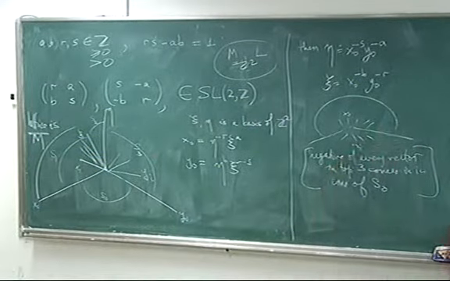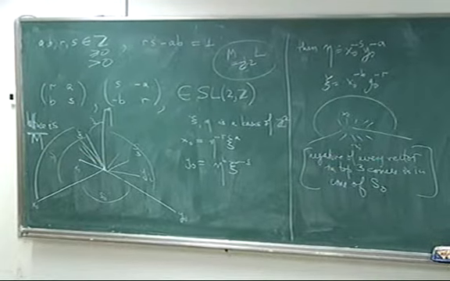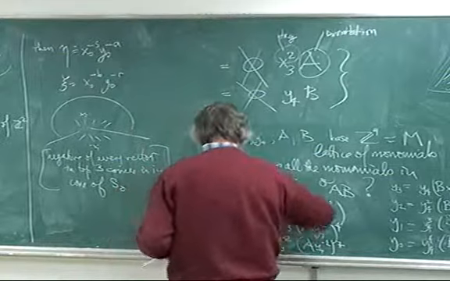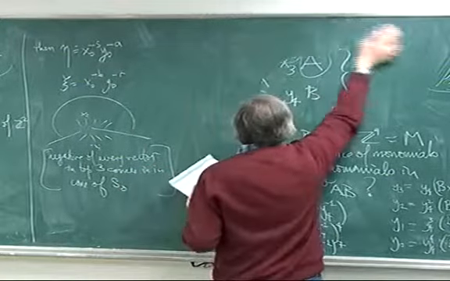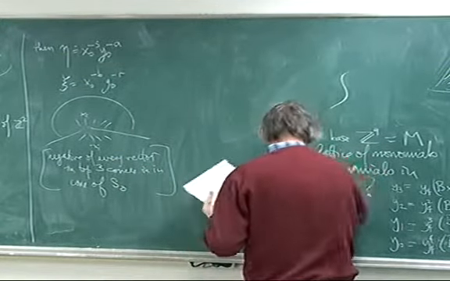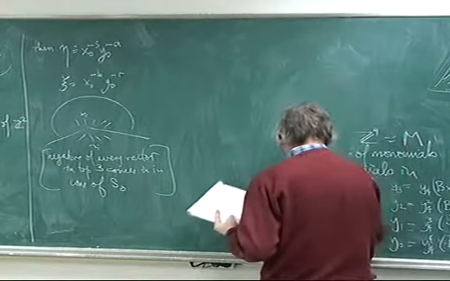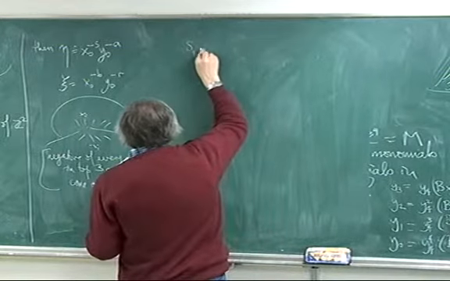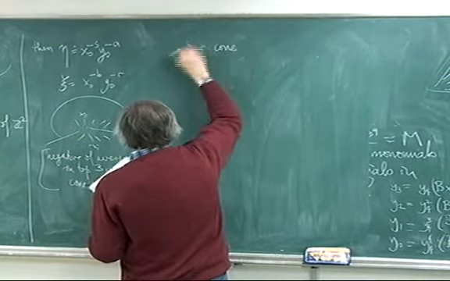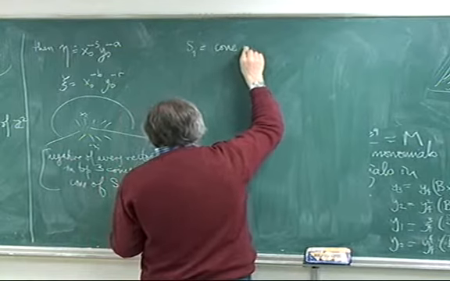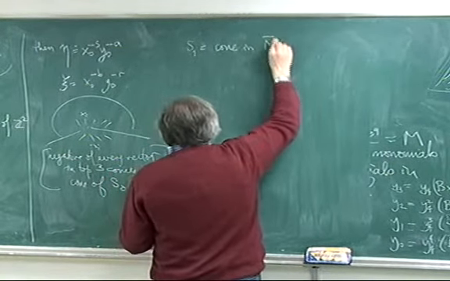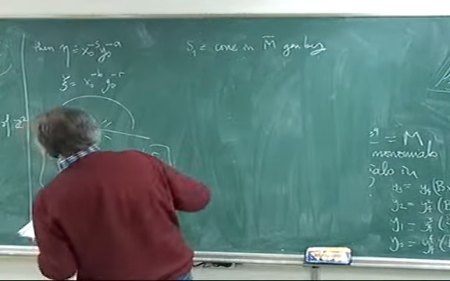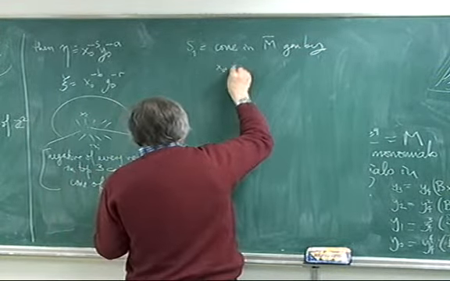So let me try now, I want to say what is S1? So, S1 there is a cone, the cone marked S1 is the cone in M bar generated by x naught and psi.